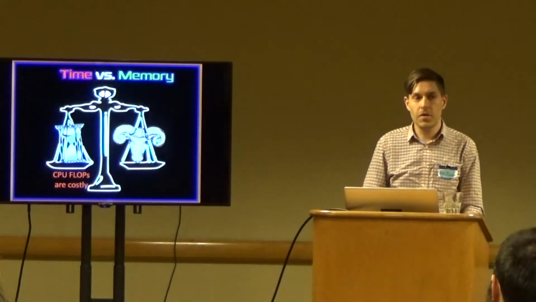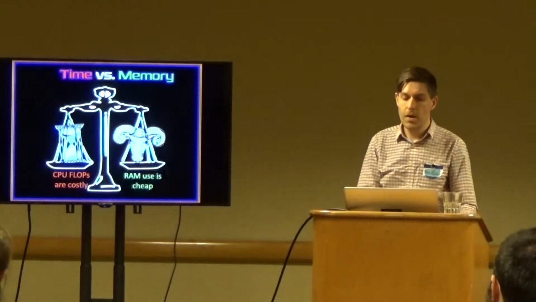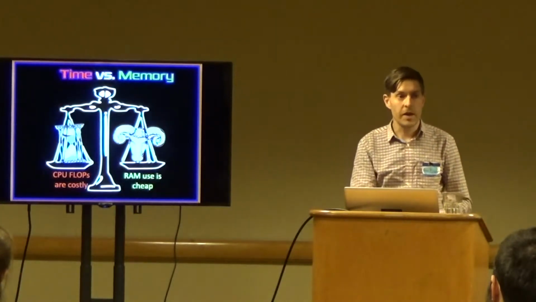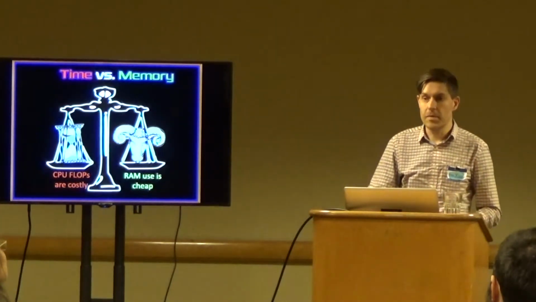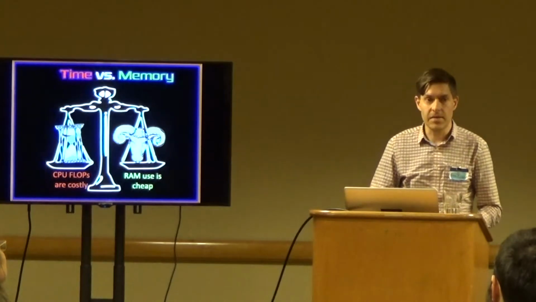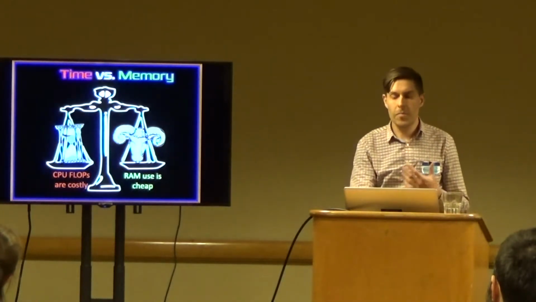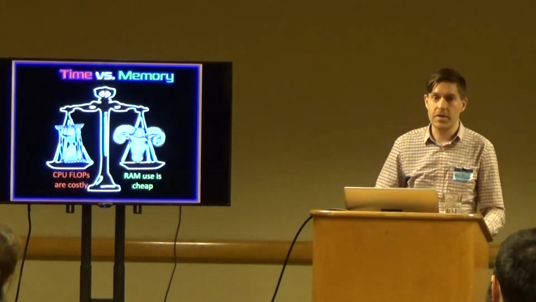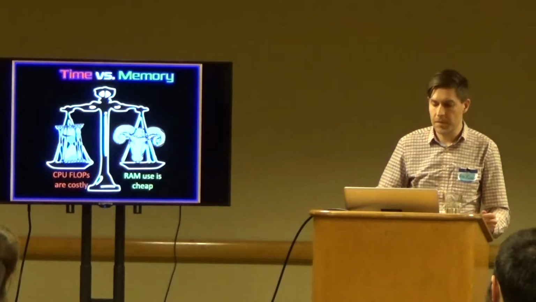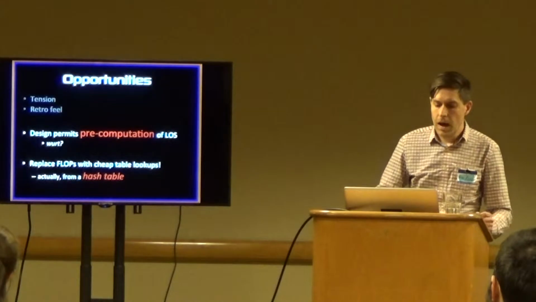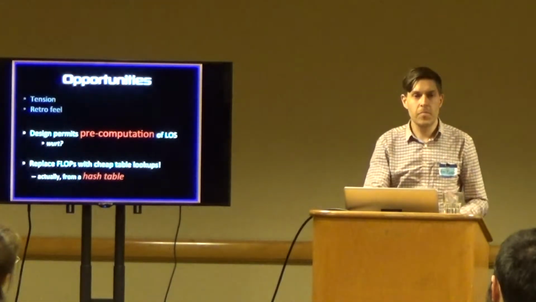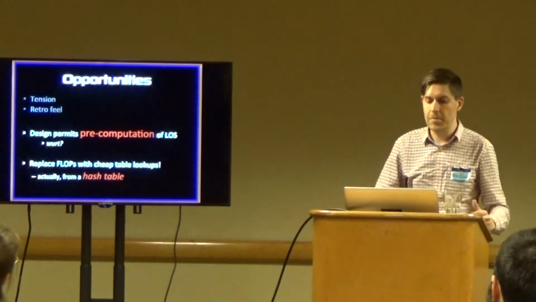If you can turn some of that stuff into access to the memory, that is cheap. Plus, memory itself these days is very cheap, right, in terms of money. So there's a lot of opportunities to exploit the fact that memory is so cheap in its use and its cost. Okay. So how do I do that? I'm going to replace these floating point operations with some kind of hash table lookup.